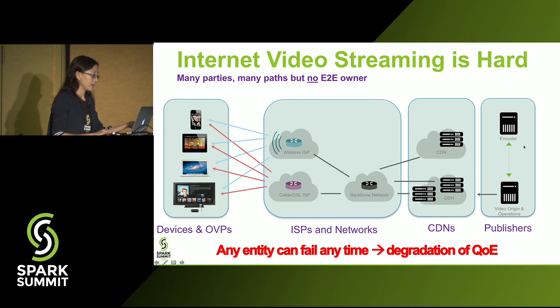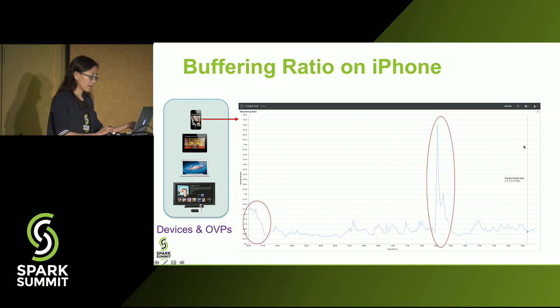Just to give you a very simple example, as shown here, the viewers can choose different devices to stream the video. For example, the player for one device has a bug. Take iPhone as an example. That bug can cause many viewers using iPhone to suffer from long buffering, and you can see these are the high spikes in the buffering ratio.